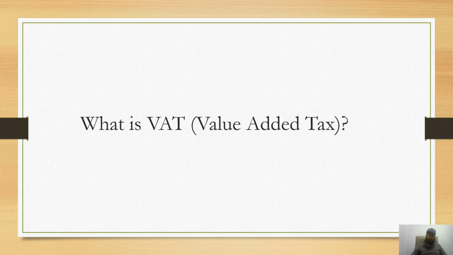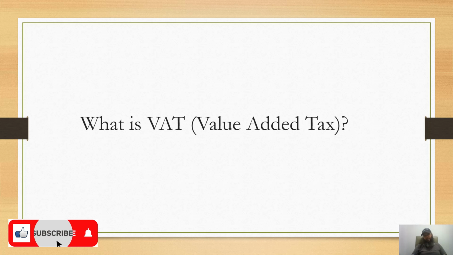First of all, we will see what VAT is. VAT stands for Value Added Tax. It is a consumption tax that is levied on the value added to goods and services at each stage of production and distribution, and ultimately it is borne by the final consumer.